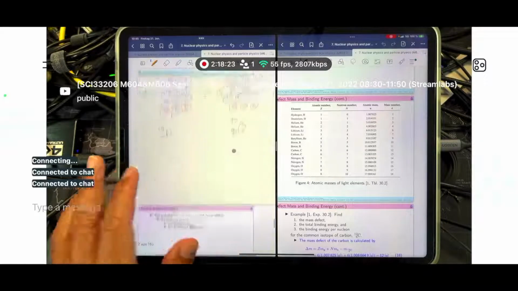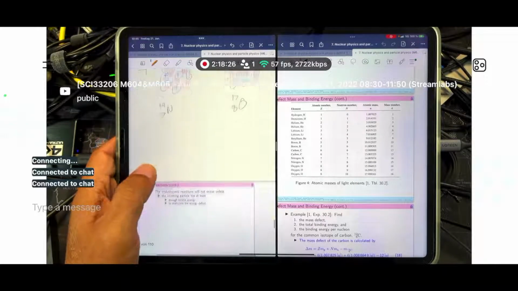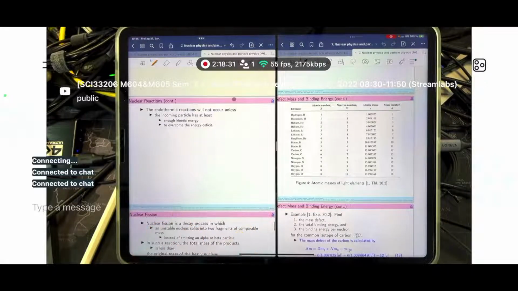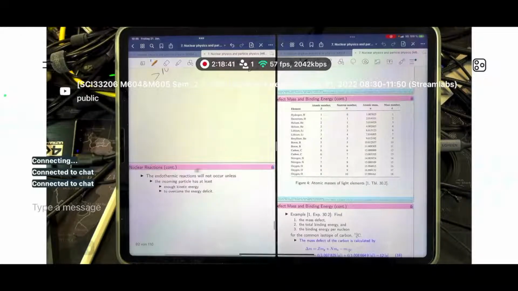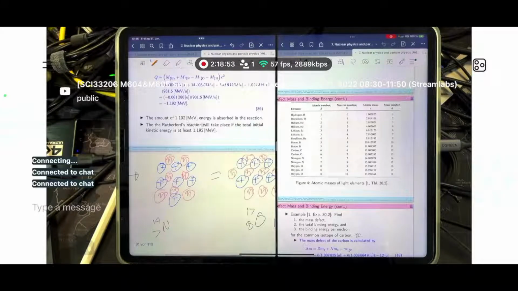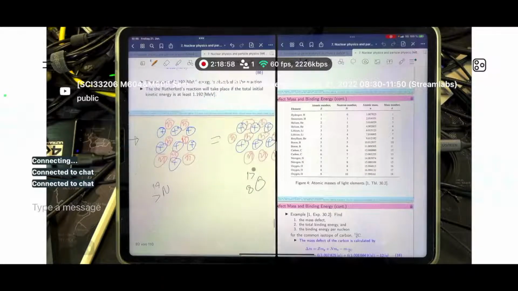That's the two examples in nuclear reaction, and the process by Rutherford is endothermic. Endo means down, right? The negative value for the kinetic energy. An endothermic reaction will not occur unless you accelerate that particle with at least this value, so that it can have enough kinetic energy, and this kinetic energy will be absorbed to make the composition like this.